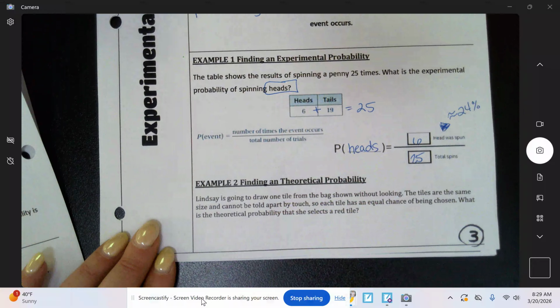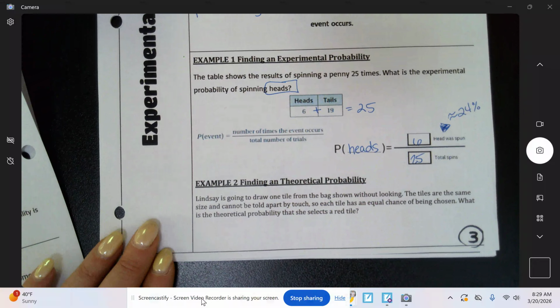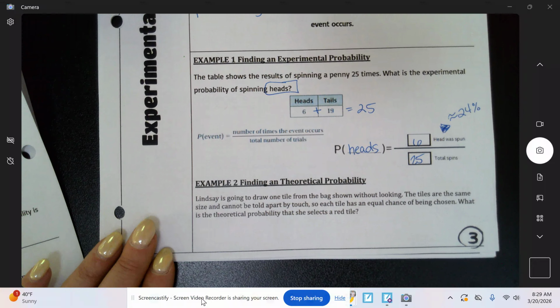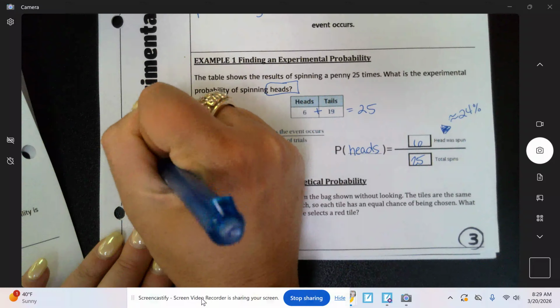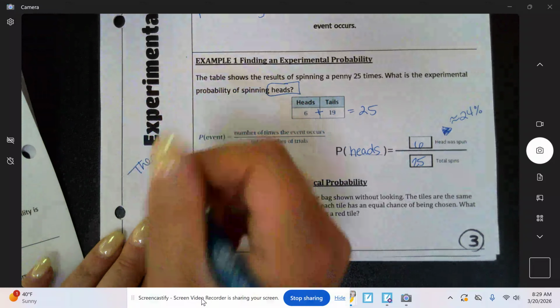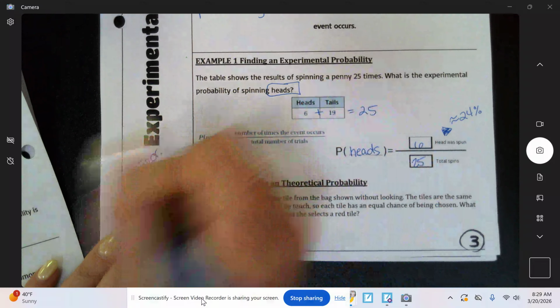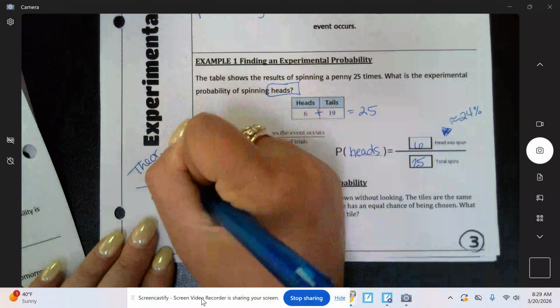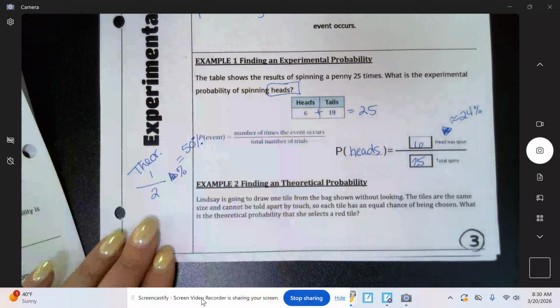Now you would think it would be what? If you're spinning it, how many options do you have for spinning a coin? 2. How many of those 2 are heads? 1. So theoretically, we have 2 options and one of them is heads. So if I change that to a percent, that gives me 50%.